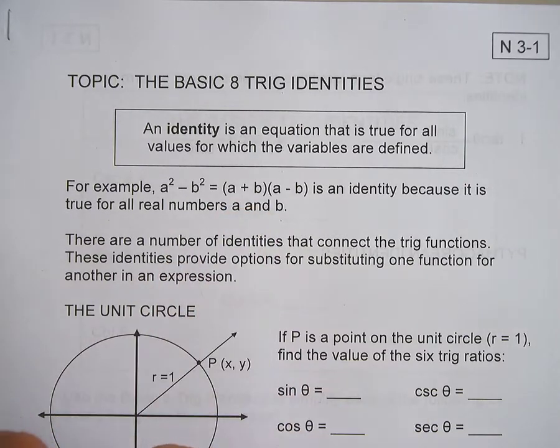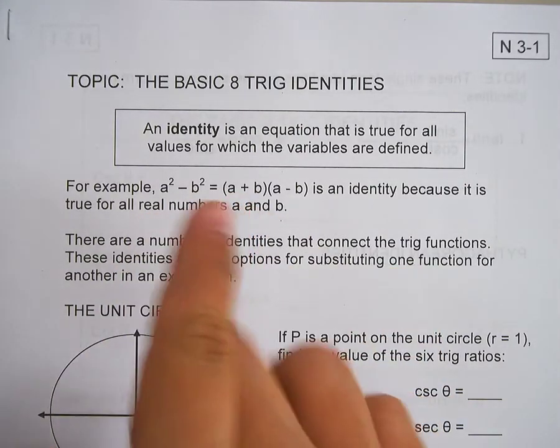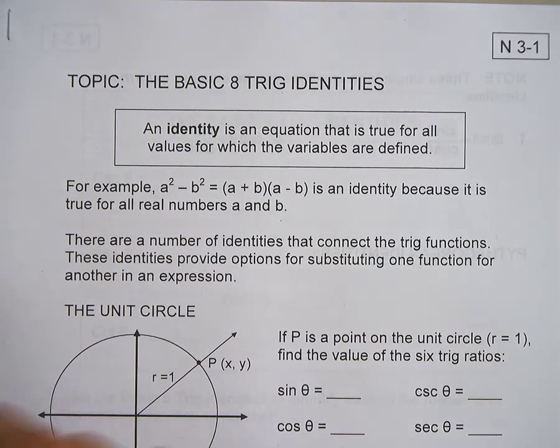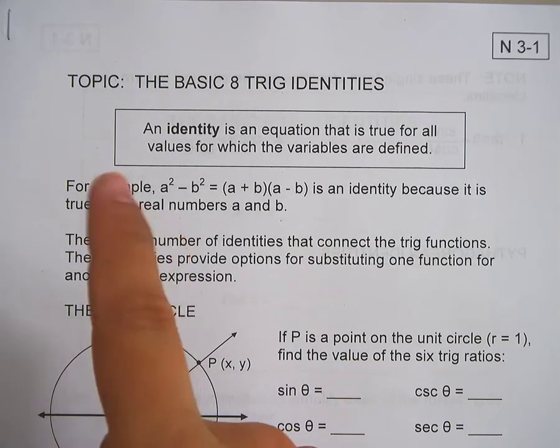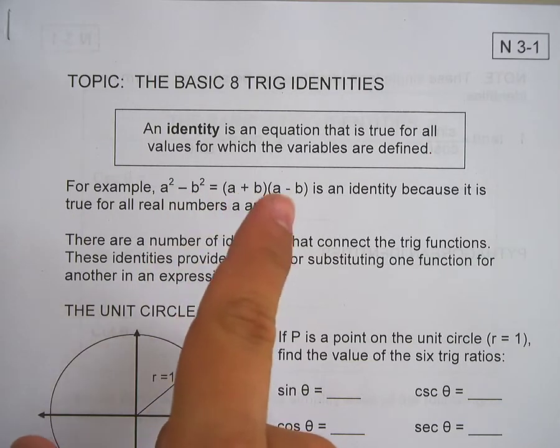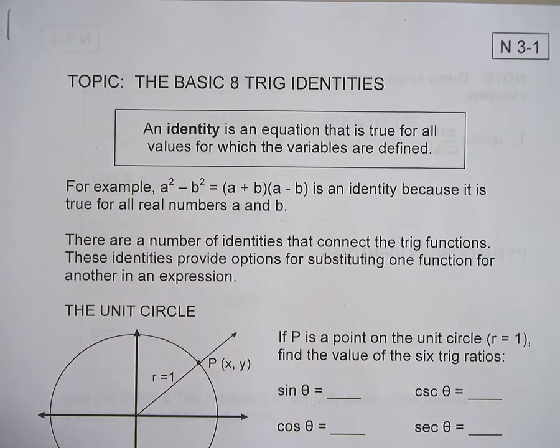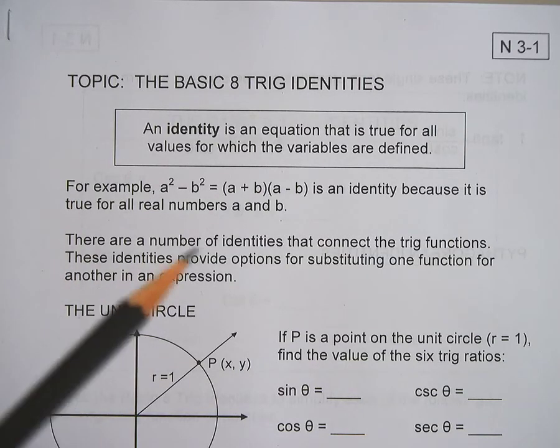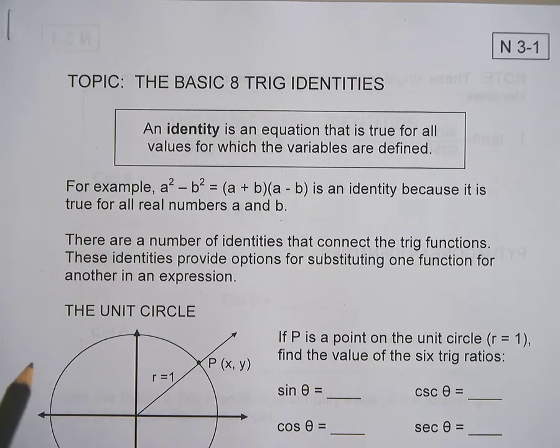Hopefully that looks familiar. This is an identity because no matter what numbers I put into a and b, it's true. So if I put a 4 and a 9 here, then 2 plus 3 and 2 minus 3 would give me that. So that's what an identity is. It's an equation that will always be true, no matter what value you put in.